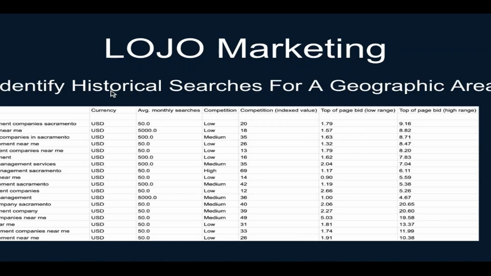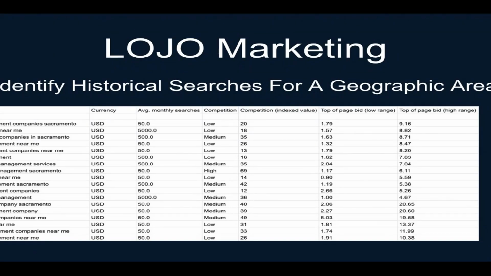After we have a set of keywords and we have a geography, we can see how many people within that geographic area are searching for the things that you would want to be found under. And that's what we have here as far as monthly average searches. These numbers over here give us an idea of what it costs in order to get in front of those people that are searching for the services.